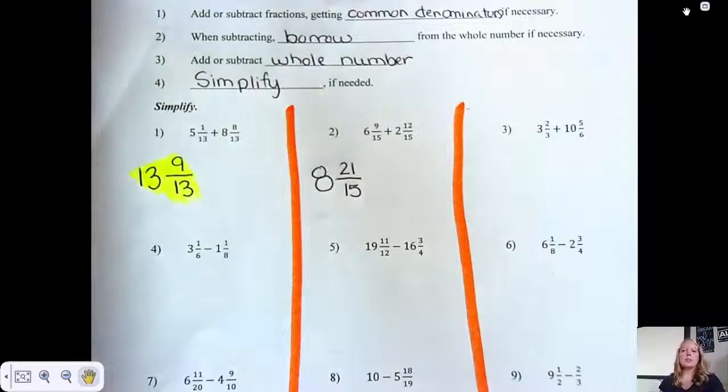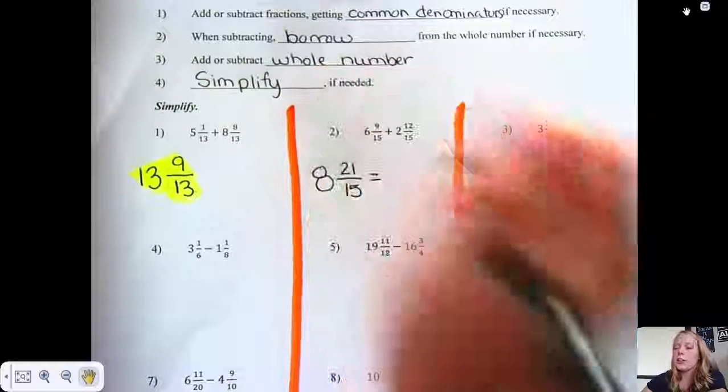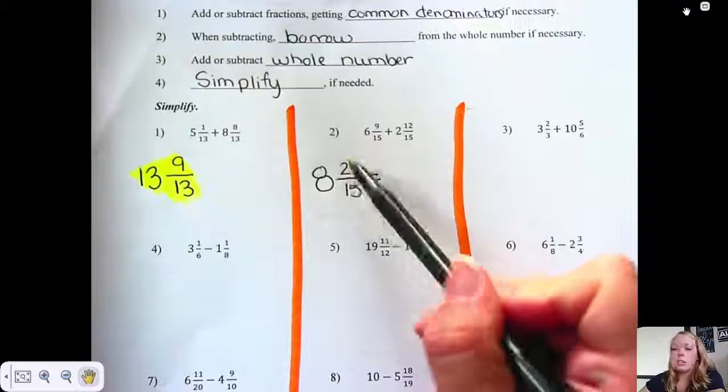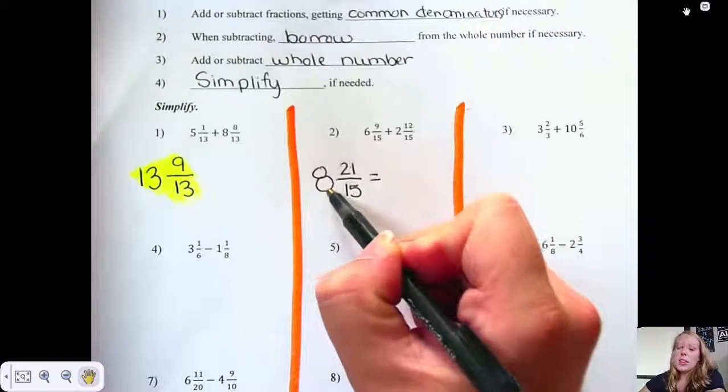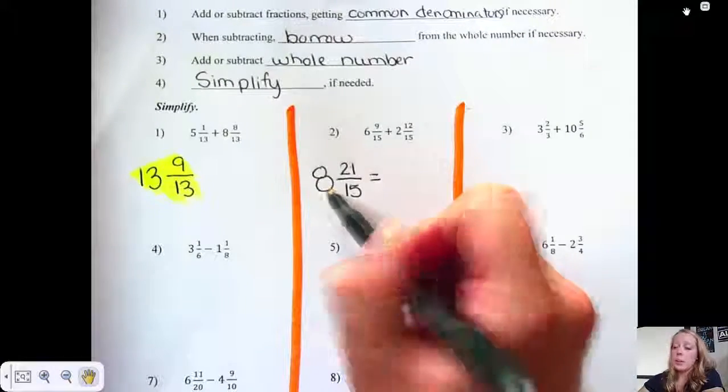Now, it's a mixed number, but the actual fraction part over here is improper. And you either have an entirely improper fraction or an entire mixed number. You don't want to include both together. So what you need to ask yourself is, how many 15s would go into 21? The answer is 1. So you give this 8 one more number. It becomes a 9.